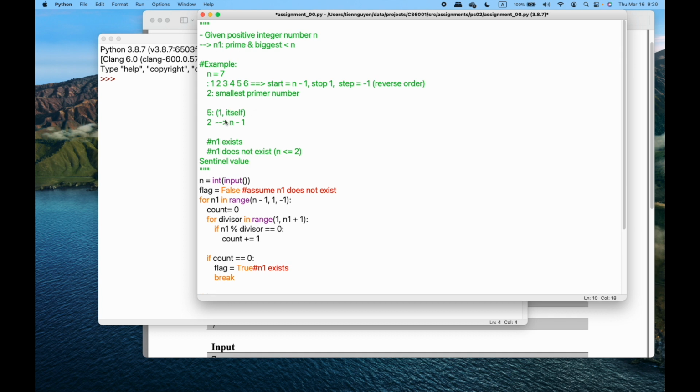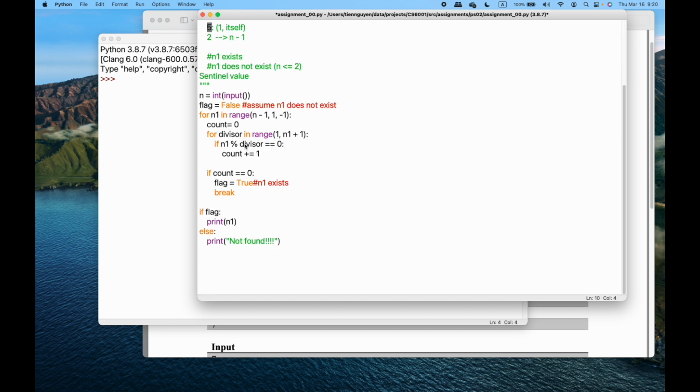So we can say that in the interval between 2 and n minus 1, a prime number doesn't have any divisors. So here I consider this scenario just from 2 to n minus 1, and if the number of divisors equals 0, it means this number is a prime number. That's the only idea.